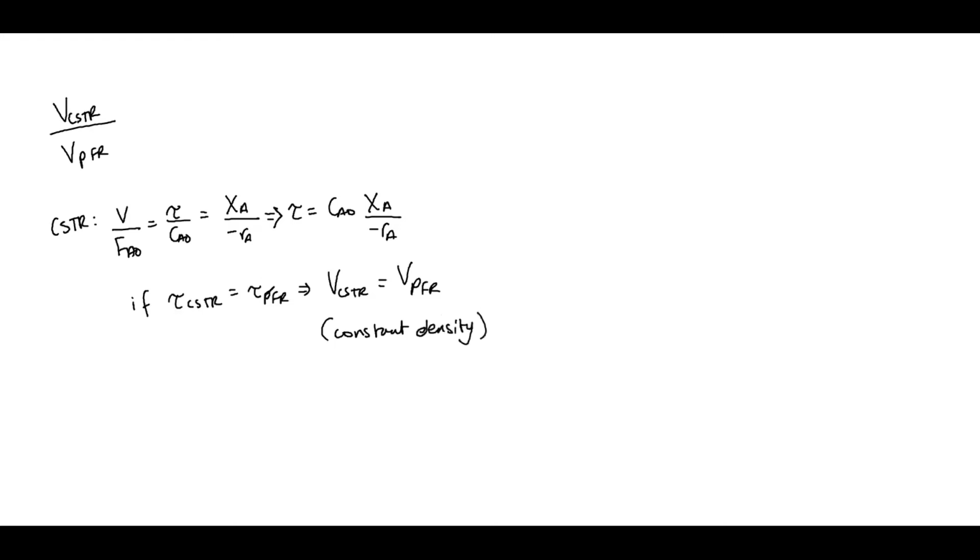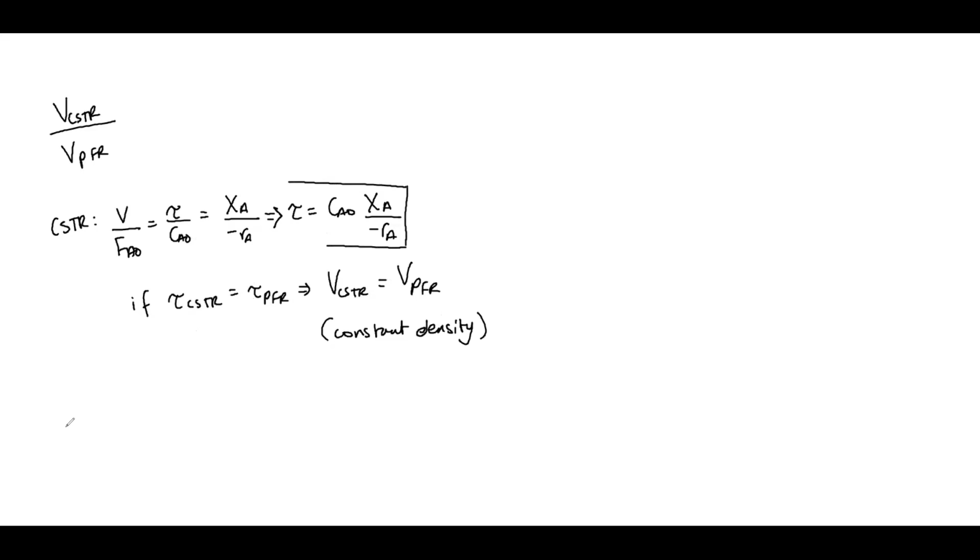Basically, if the amount of time it takes one volume of a reactor to pass through a CSTR is equal to the same amount of time it takes one volume to pass through a PFR, then the volumes are equal. Okay, so this will be the equation I use for this derivation.